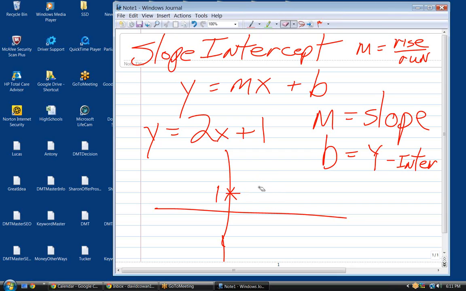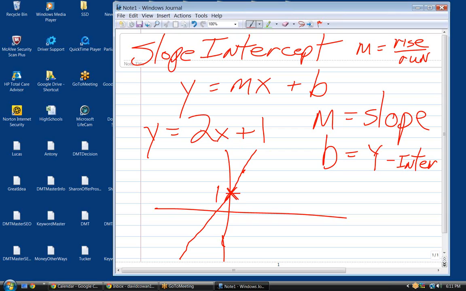It means I have to start from my first point, the y-intercept, and go up 2 and to the right 1. There's my other point right there. In other words, that point has a slope of 2 because I went up 2 and to the right 1. That's what you do: you start with the y-intercept and then you use the slope.